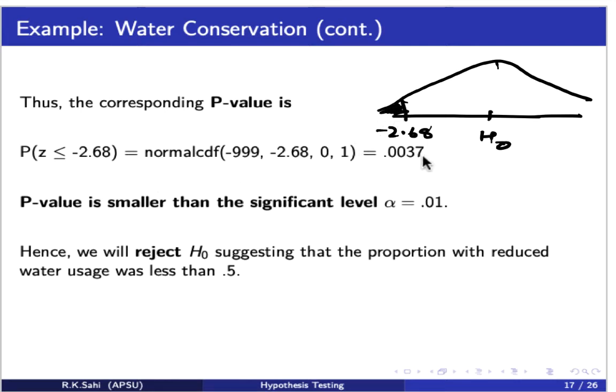When you plug it in, this p-value is 0.0037. It's very small compared to the significance level. Because the p-value is very small, we are going to reject the null hypothesis.